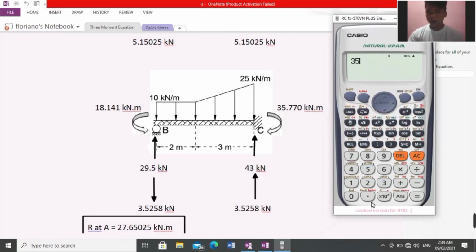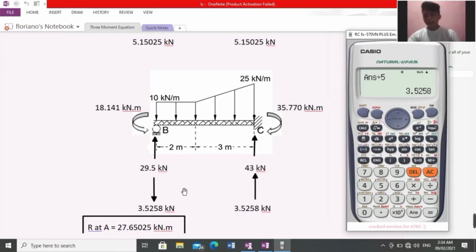So, 35.770 minus 18.141 is equals to 17 divided by the distance nitong span, yung length nitong span is 5. Length nitong beam is 3.5258. So, yun, nakuha ko na yung reaction sa moment.